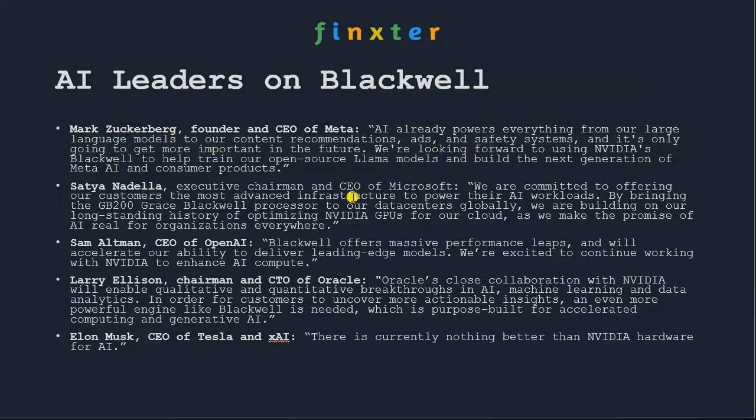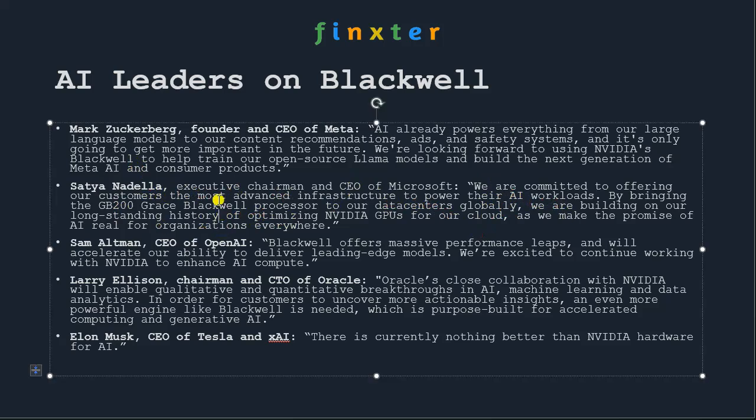Microsoft. Satya Nadella says about the Blackwell: "We are committed to offering our customers the most advanced infrastructure to power their AI workloads. By bringing the GB200 Grace Blackwell processor to our data centers globally."